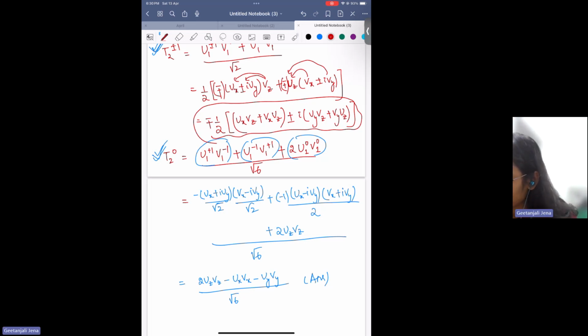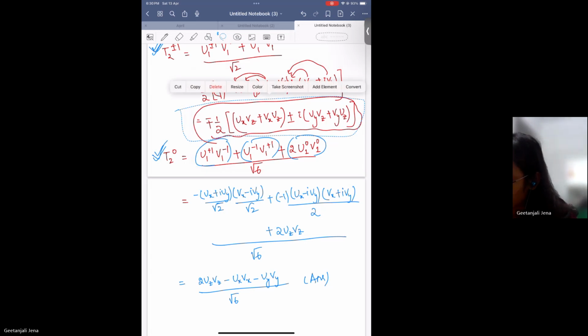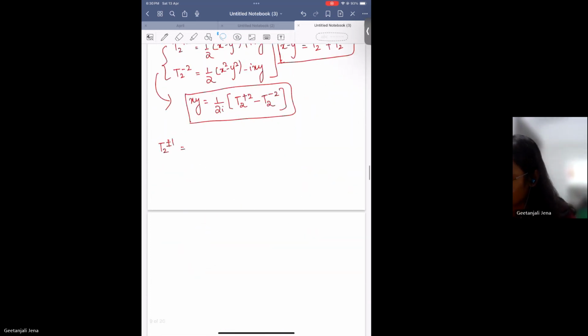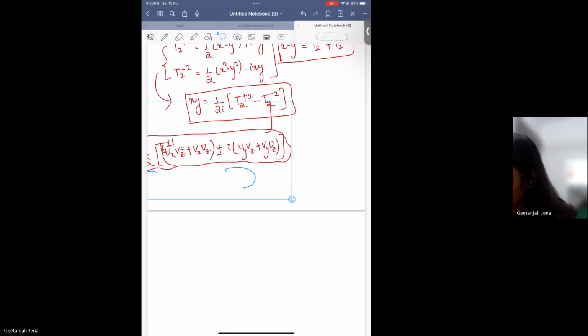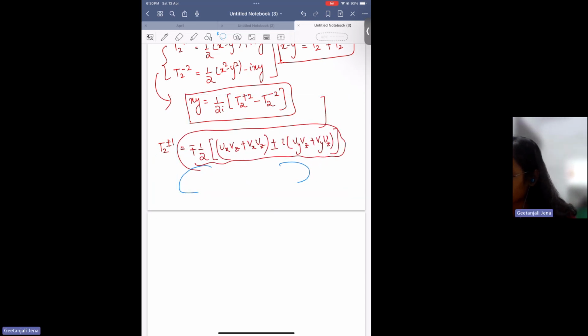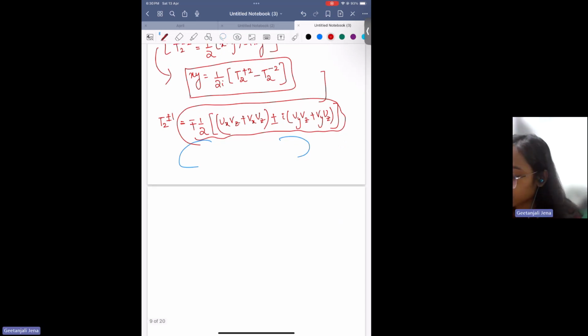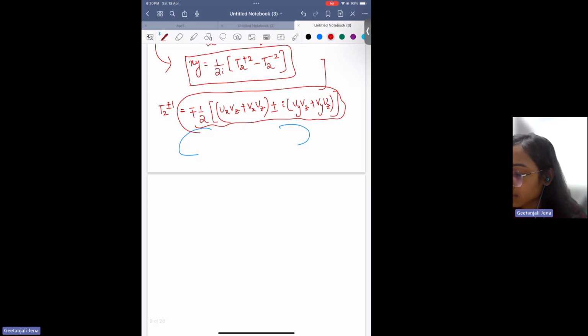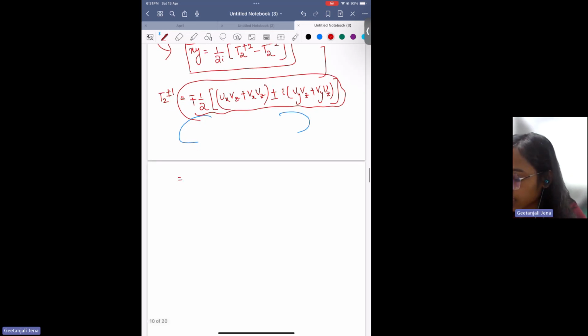So let me take this term. So this was the term for T2 plus or minus 1. So now you have to put ux as x and vx as x, uy as y, vy as y, and uz as z, and vz as z.